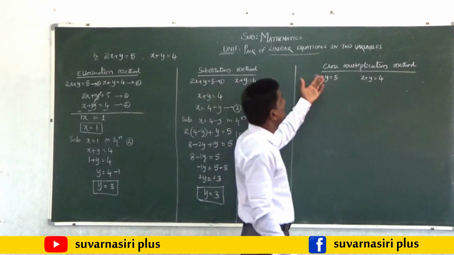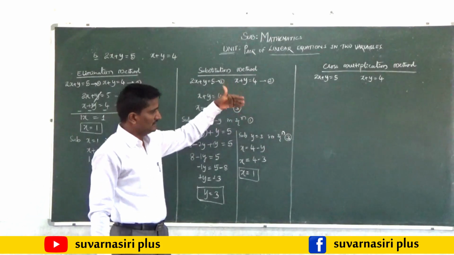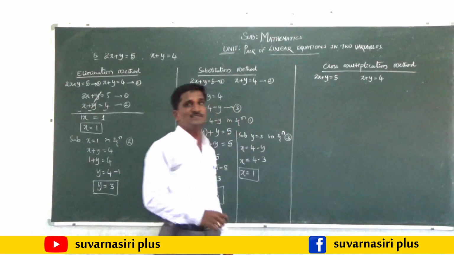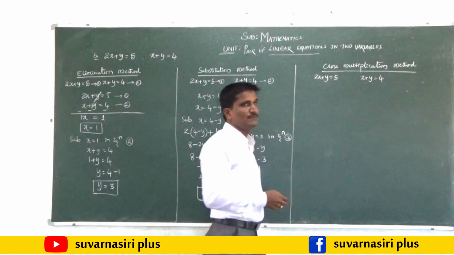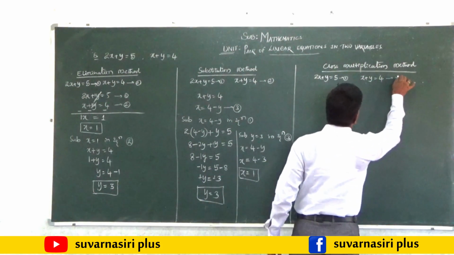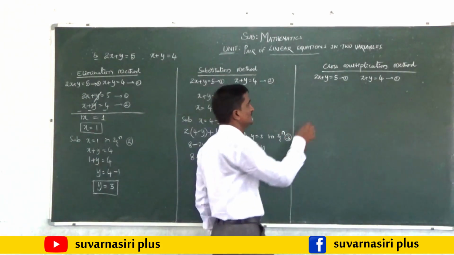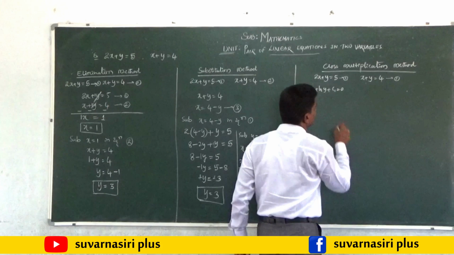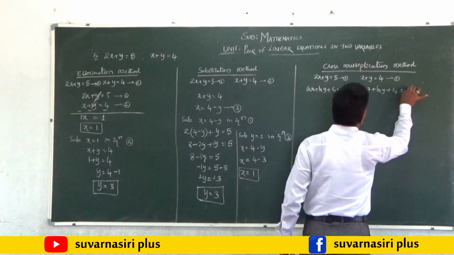Again, the third method is cross multiplication. It is also a simple method. Directly you can use the formula and simplify the equation. Before that, you have to write the coefficients of x and y according to the standard form or general form of a pair of linear equations. The two equations are here, equation number 1, equation number 2. The general form is a1x plus b1y plus c1 is equal to 0. The second equation is a2x plus b2y plus c2 is equal to 0.